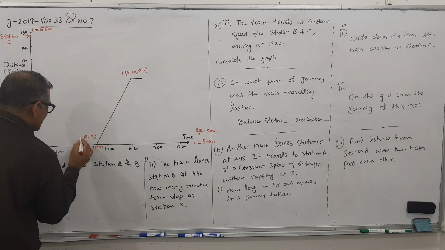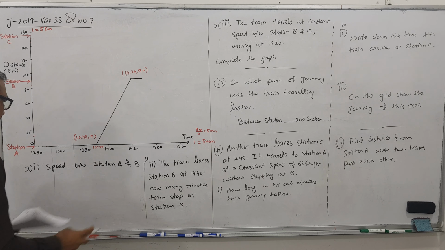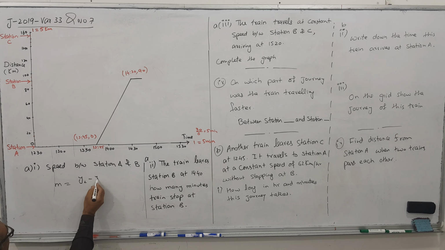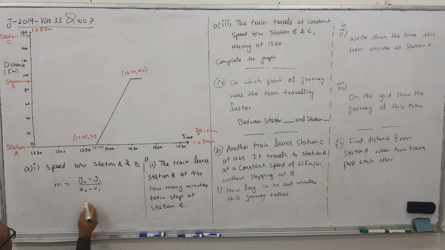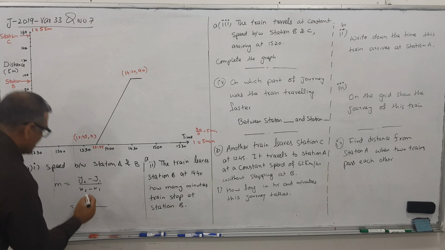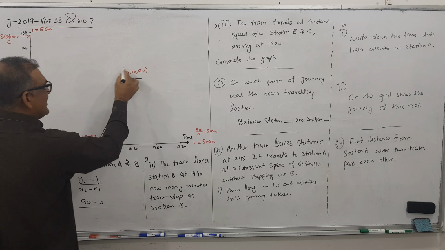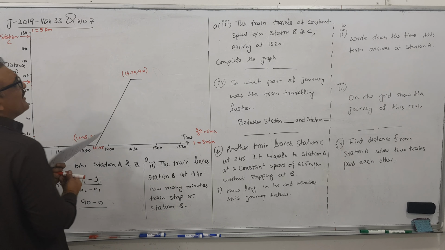Now in your mind the question comes: how to apply the formula, because all of you know the gradient formula, y2 minus y1 over x2 minus x1. The issue is how to put the values. y2 minus y1, 90 minus 0, is not a hard task, but the time is tough. How do we deal with this? There are 2 methods.